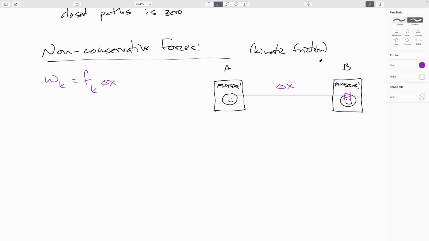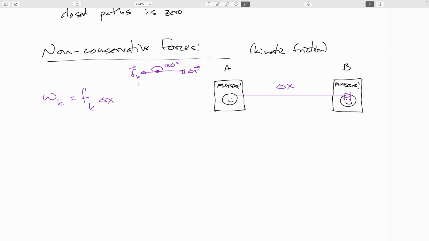Well, we can go ahead and map that out real quick, figure out what that angle is. So here we're displacing it to the right, so that's my delta r. And my force of kinetic friction, since it opposes the motion, points straight back. That makes the angle 180 degrees.